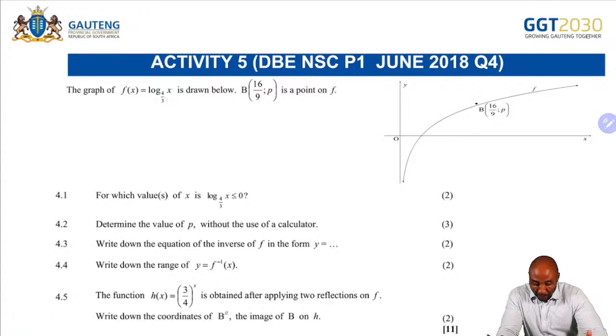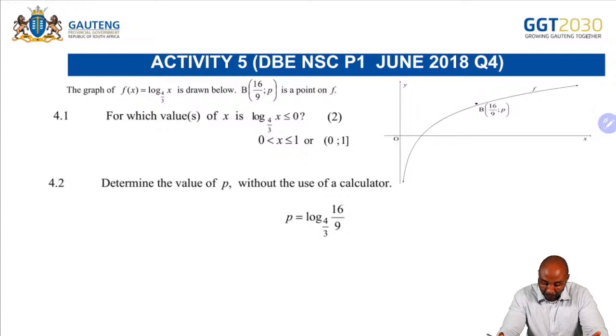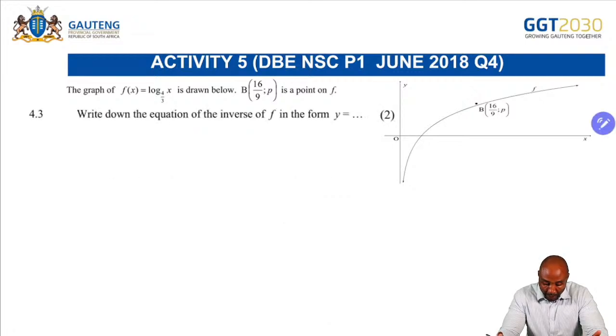Because of time, we are not able to complete activity 5, but it's taken from the June 2018 question 4. You can go and do that one later on, and we show you the solutions there of 4.1 and 4.2. There are the solutions without using the calculator. We are going to use our laws of exponents, and our p will be equal to 2 for 4.2. For 4.3, the equation of the inverse in the form y equals.